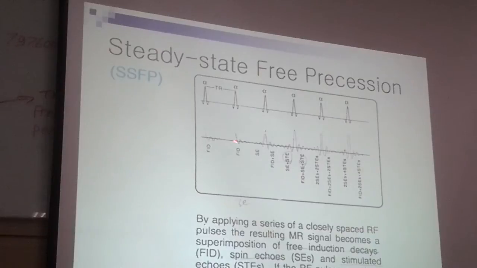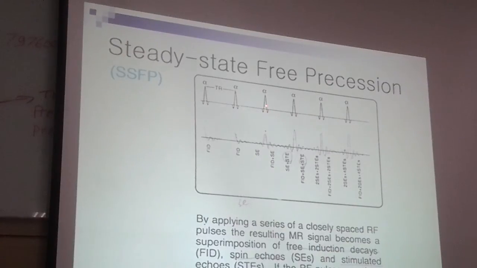Just before the third RF pulse, only a Hahn echo signal is generated. But on the right side of the third RF pulse, the FID signal and the Hahn echo signal are overlapped.